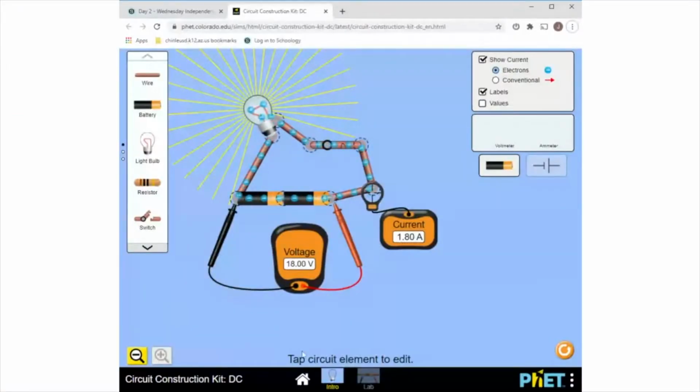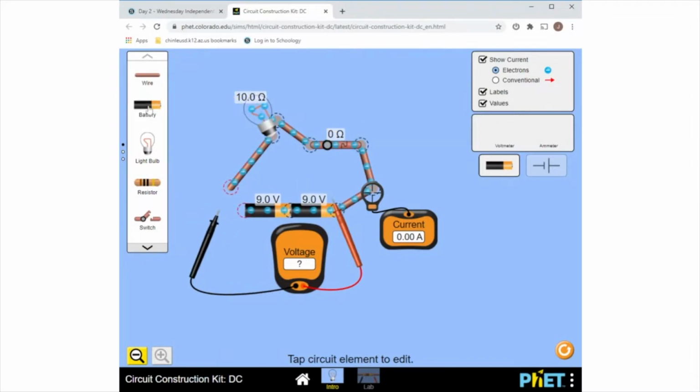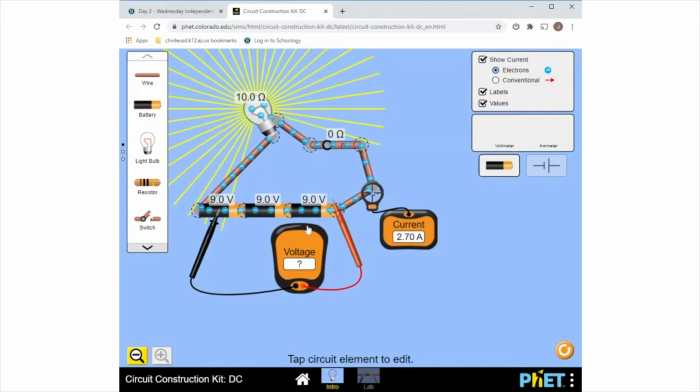We have our voltage, we have our current, and your bulb and switch has your resistance, which is 10 ohms. So 18 volts, 1.8 current is equivalent to 10 ohms resistance. How about we will add one more battery? So of course, adding one more battery would increase the voltage. From 18 volts, it now changes to 27.